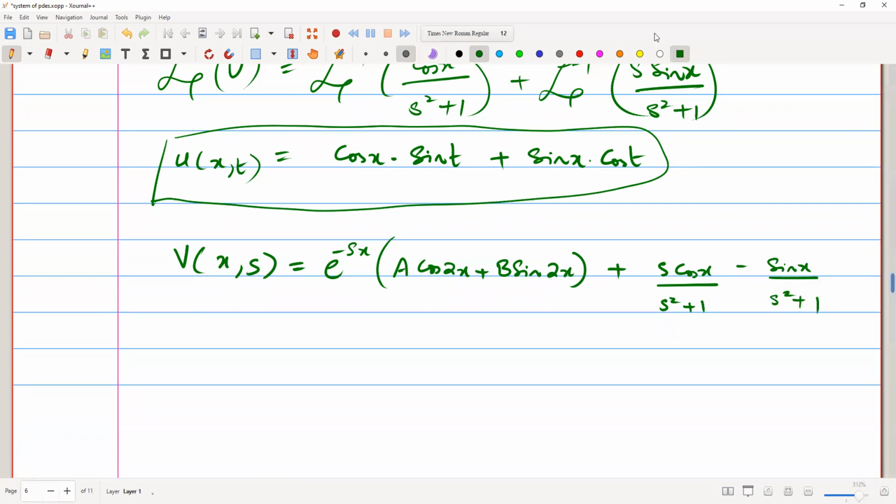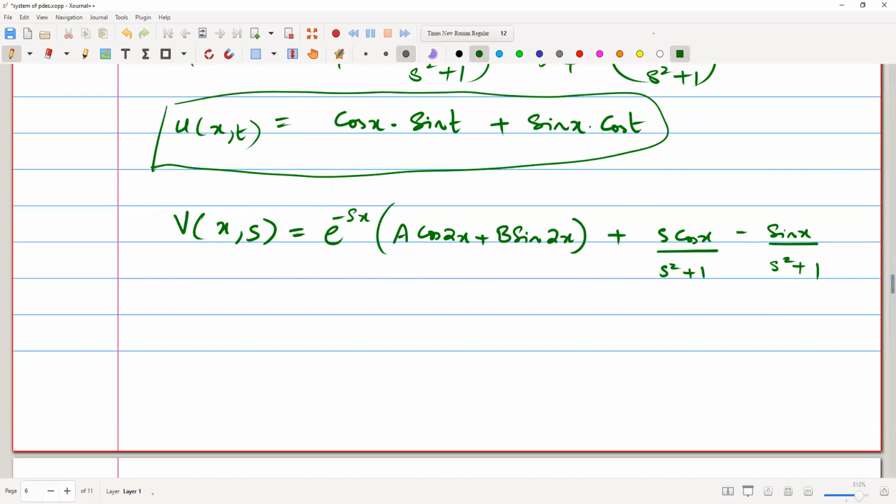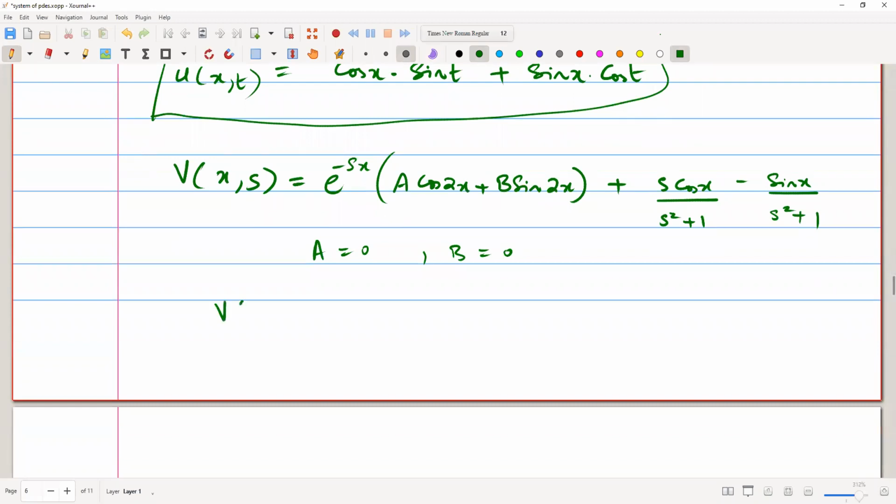Considering appropriate boundary conditions, a equals 0 and b equals 0, which we can do by inspection for simplicity. So we get v of x comma s equals s cos x over s squared plus 1 minus sine x over s squared plus 1.